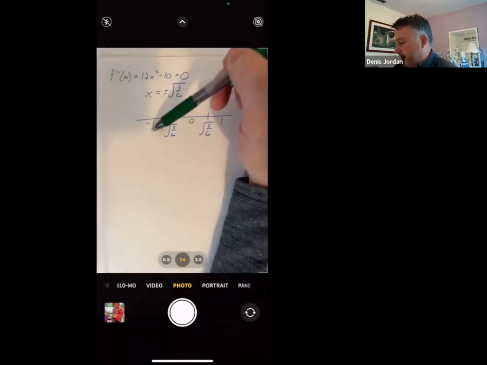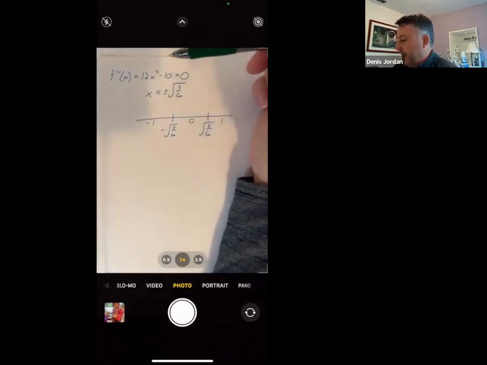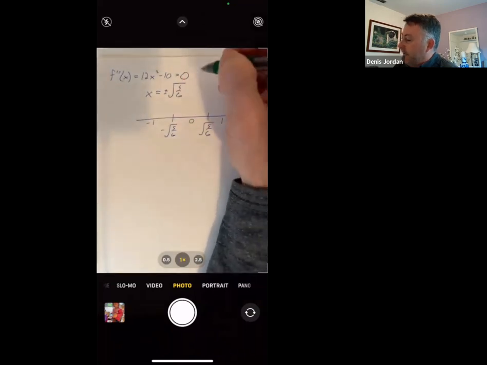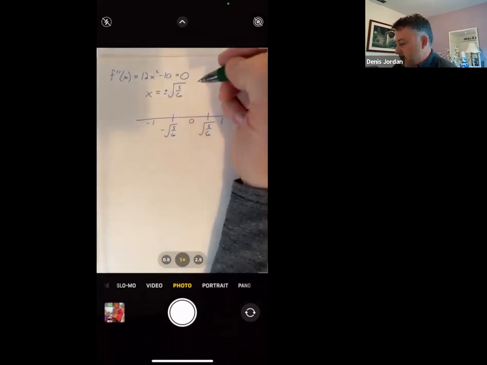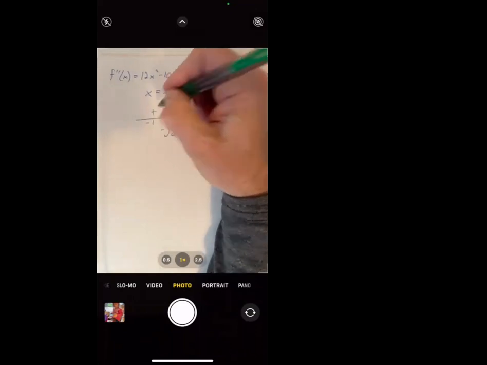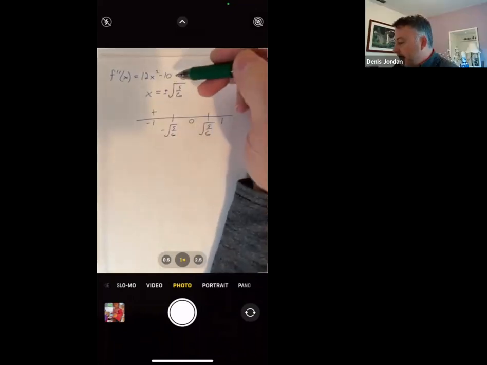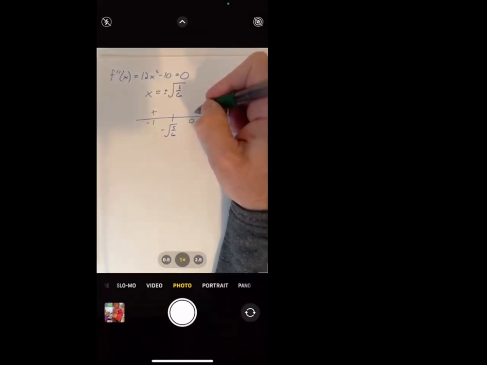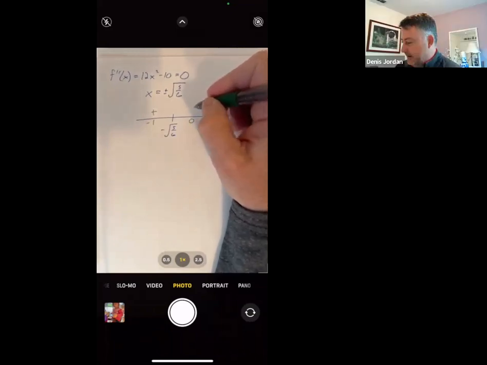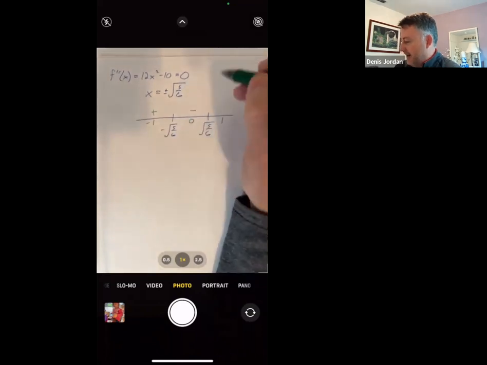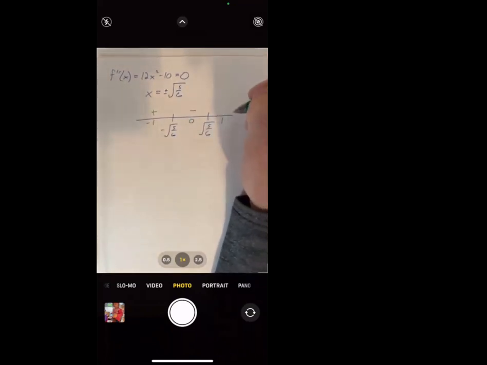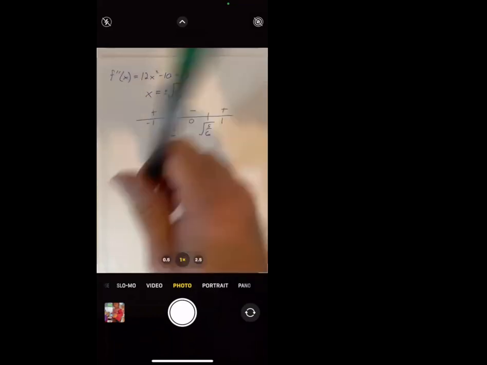Okay, so when x is -1, plug it into your second derivative and it comes out positive. You stick in the 0. Positive as well. Not quite. Oh, sorry, for 0, negative. Yeah. And if you plug in the 1, positive.